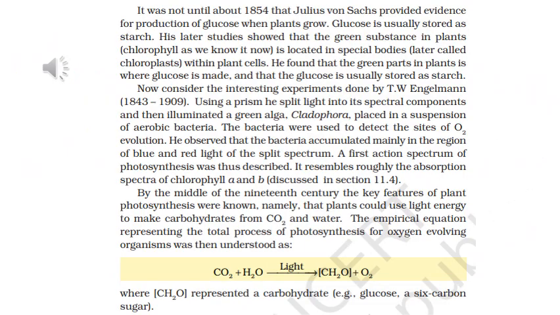It was not until about 1854 that Julius von Sachs provided evidence for the production of glucose when plants grow. Glucose is usually stored as starch. His later studies showed that the green substance, chlorophyll, as we know it now, is located in special bodies, later called chloroplasts, within plant cells.